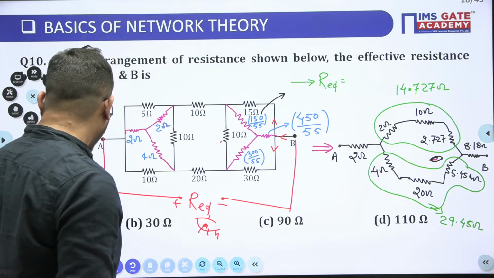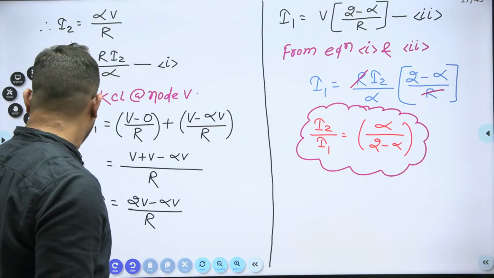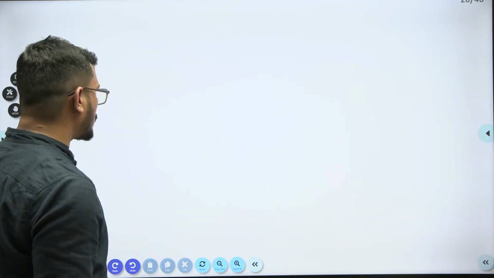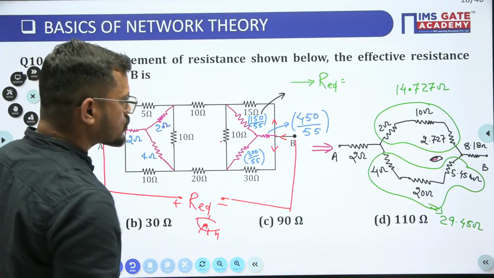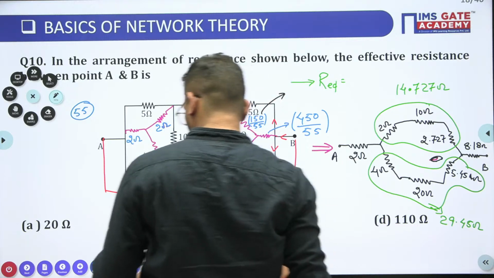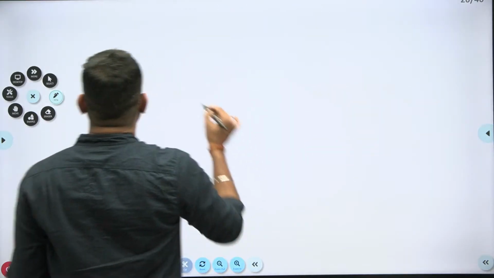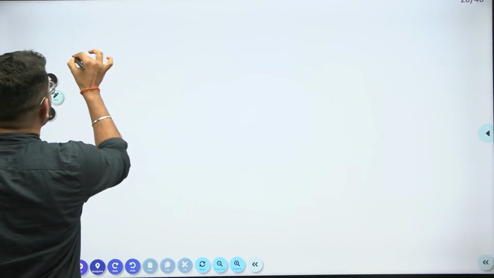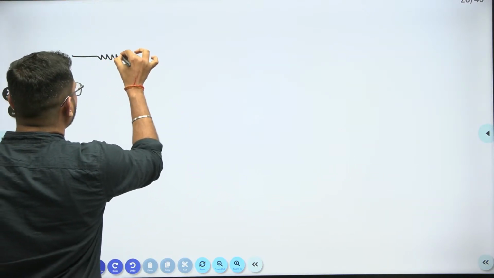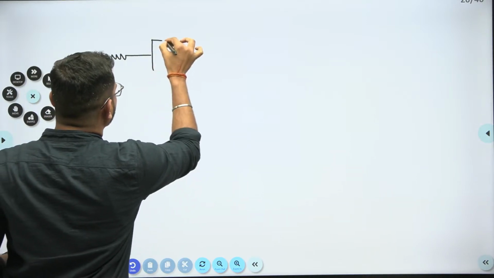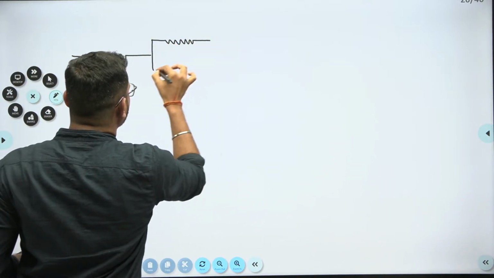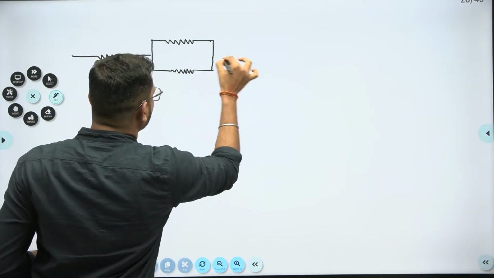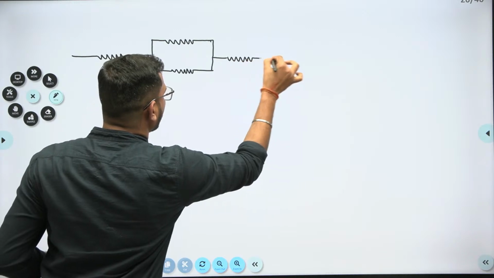So again I am redrawing this. This is 2 ohm, and this is another resistance connected with a resistance having the value of 8 point something.